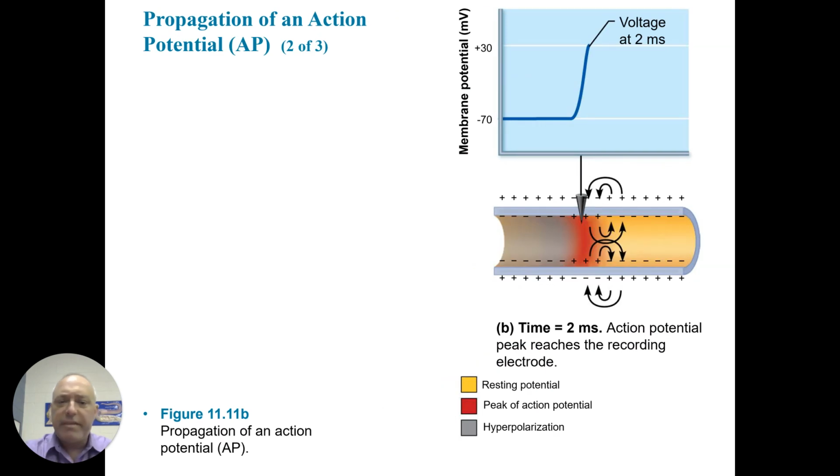Okay, conduction of this action potential is very rapid. It might take 2 milliseconds for the cell, once its sodium channels open, to depolarize from minus 70 to around positive 30 millivolts.